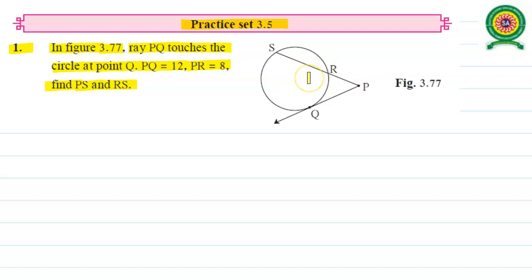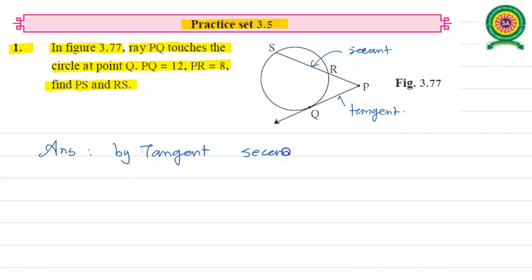Look at the diagram carefully. We have the given circle. Now PQ is the tangent to the given circle, while segment PS is the secant to the given circle. So here we are using the tangent secant segment theorem.